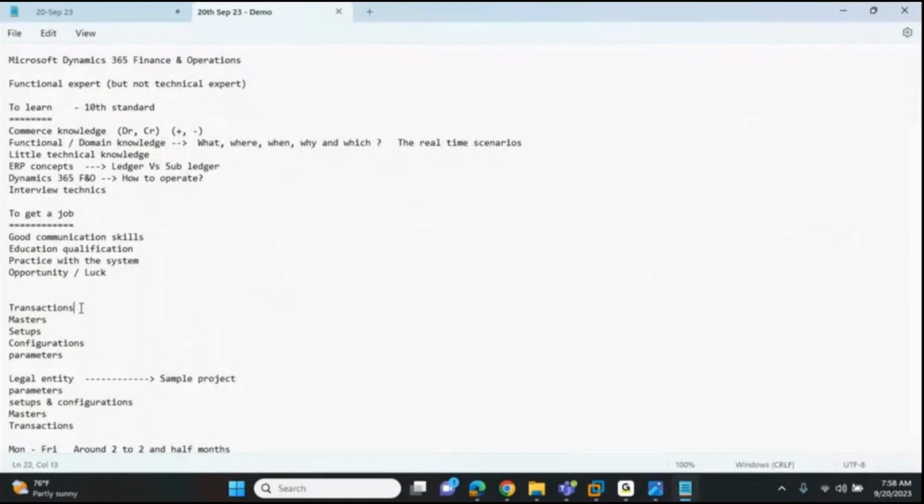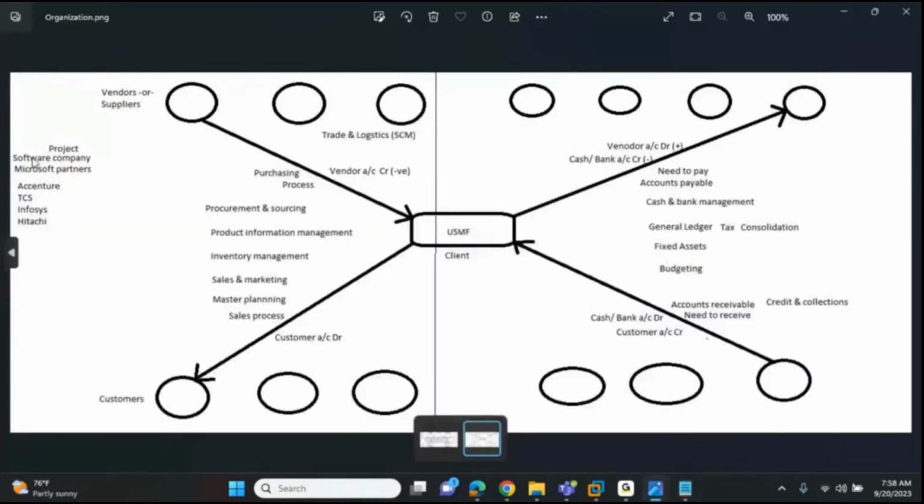Yes. Whatever you are learning here, I'm teaching about transactions first. This is not your task at all.